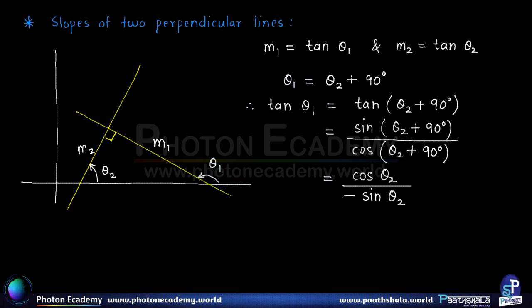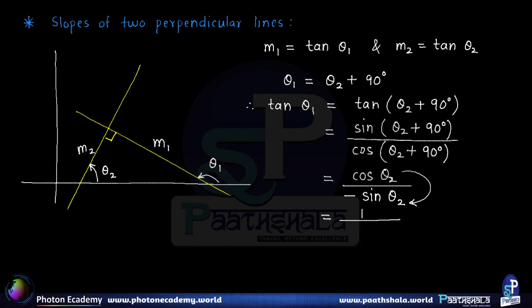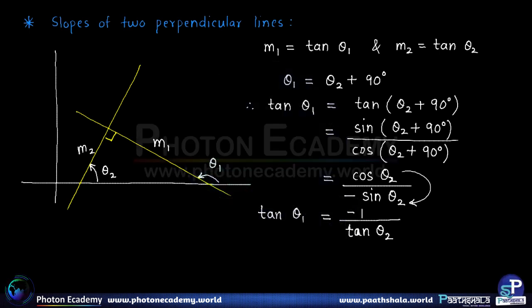So by taking cos theta 2 to the denominator, we can write it as minus 1 upon tan of theta 2.